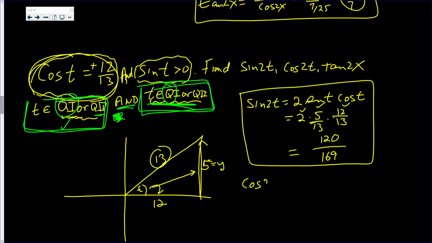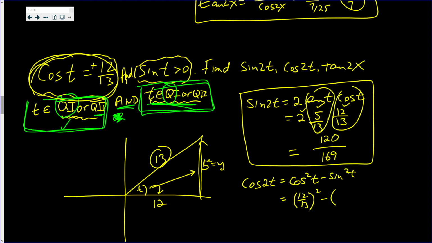The cosine of 2t is cosine squared t minus sine squared t. Well, we know the cosine of t, so it's 12 over 13 squared, minus, we know the sine of t, it's 5 over 13 squared. Both fractions have 13 squared, which is 169. It's 12 squared minus 5 squared, which is, I think, 119 over 169.